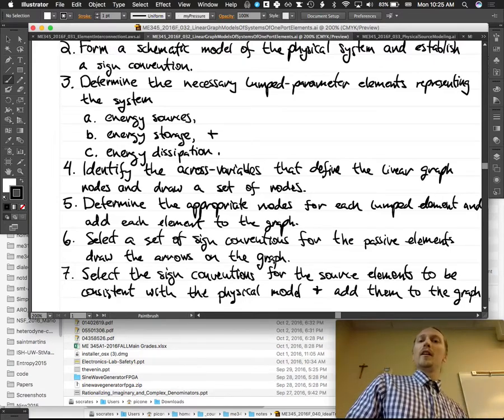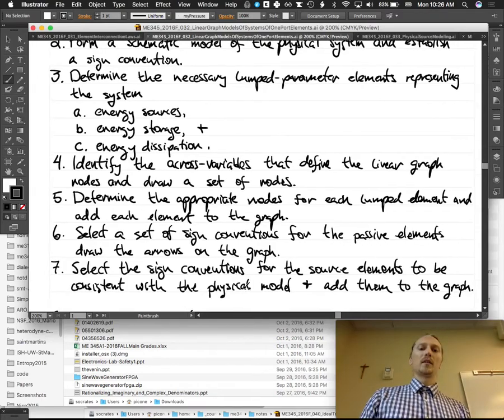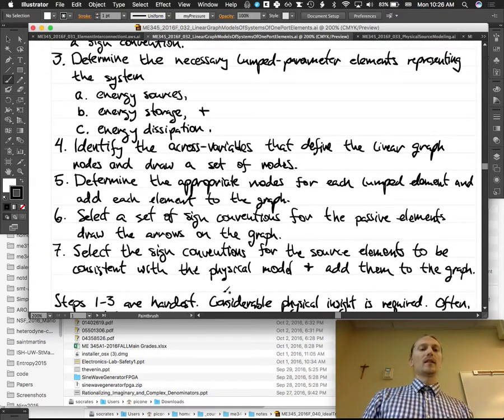Identify the across variables that define the linear graph nodes and draw a set of nodes. So we've kind of started drawing linear graphs already, so this is familiar, I think, to us. Determine the appropriate nodes for each lumped element and add each element to the graph. Select a set of sign conventions for the passive elements and draw the arrows on the graph.